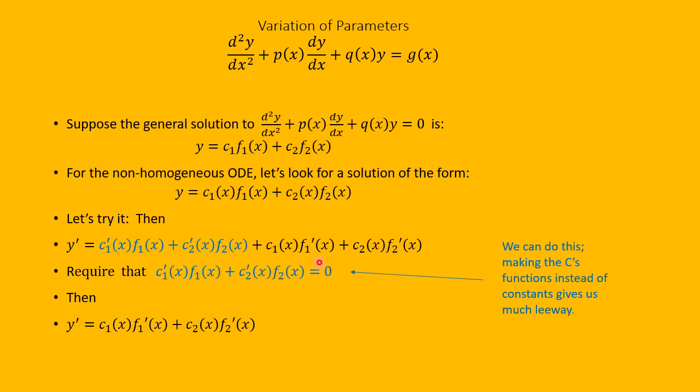In that case, if we go back up here, this expression for y prime simplifies to just c1 f1 prime plus c2 f2 prime. And that's because these two terms we're requiring the sum to equal 0, and so y prime is just these two terms.